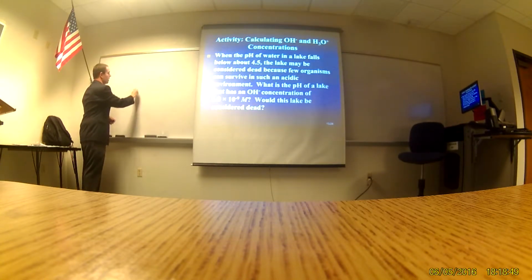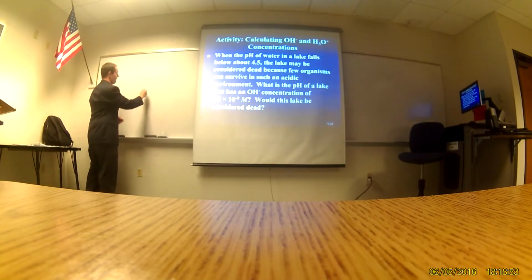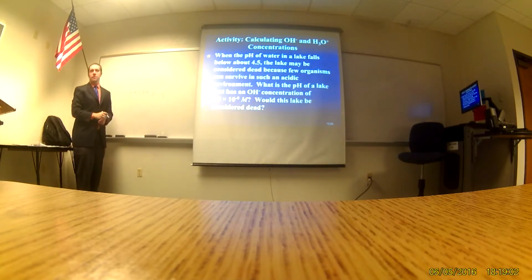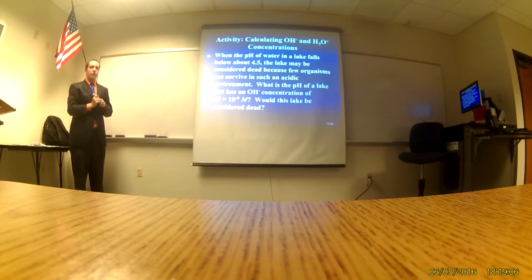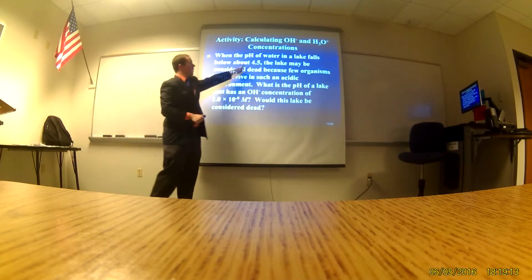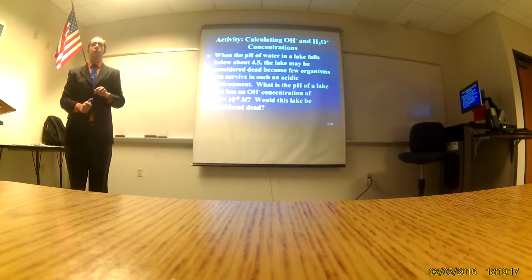If my pOH is 9, what is my pH? 5. 9 plus 5 is 14, that's 14 minus 9 equals 5. So we went from one corner to the other. The pH is 5, which is higher than 4.5, so the lake is alive, but I wouldn't necessarily want to swim in this one yet.